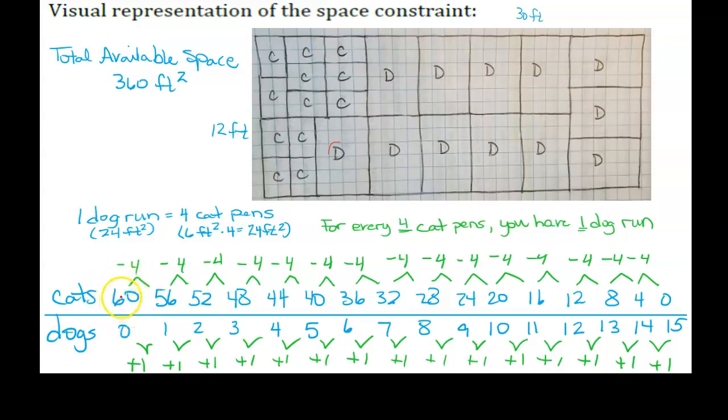If we only had cat pens, we would have no dog runs. So for every 4 that we take away, we can add 1 dog run. Take away 4 more cat pens, add 1 more dog run, and so on.